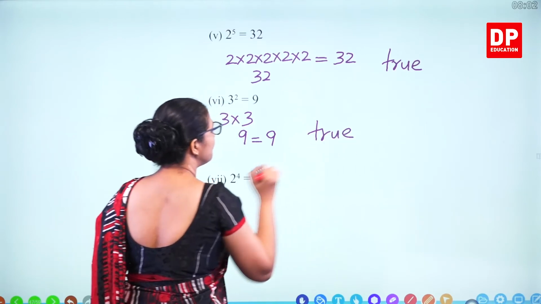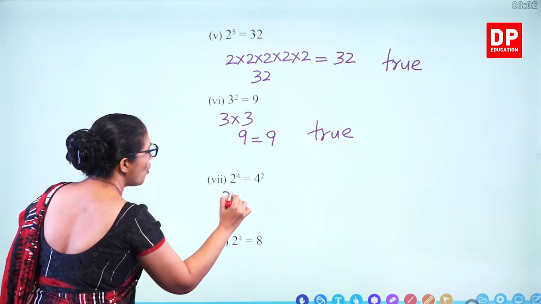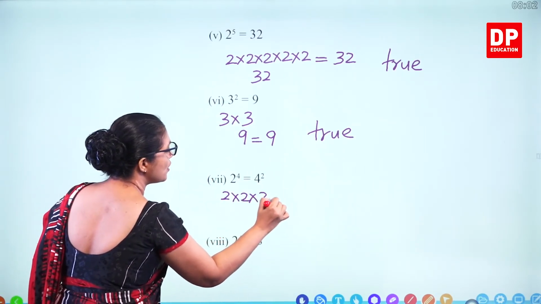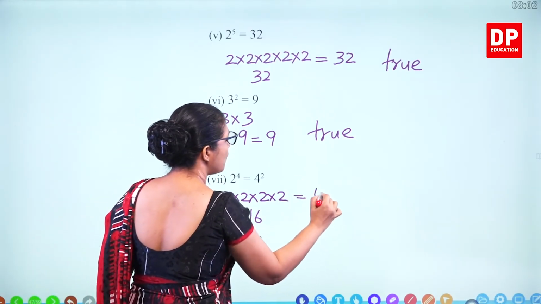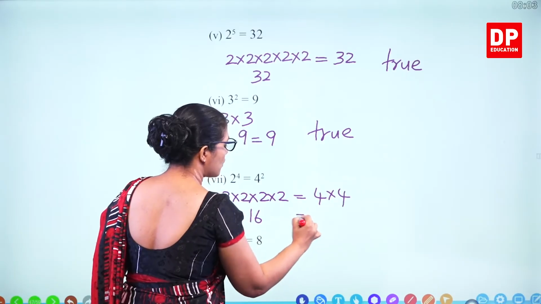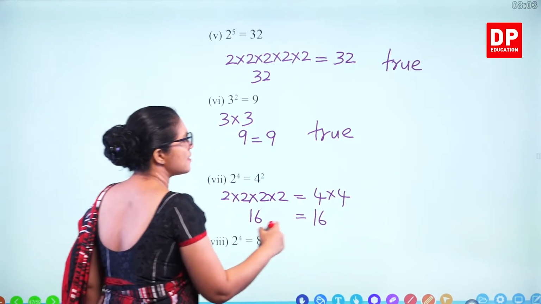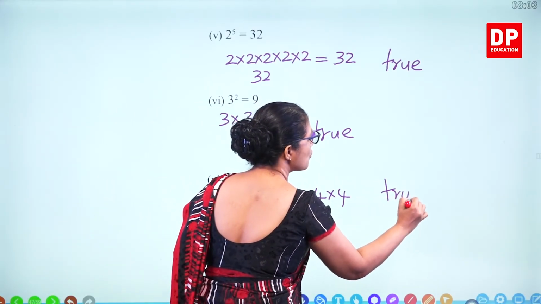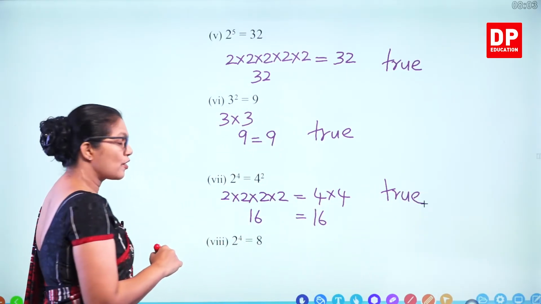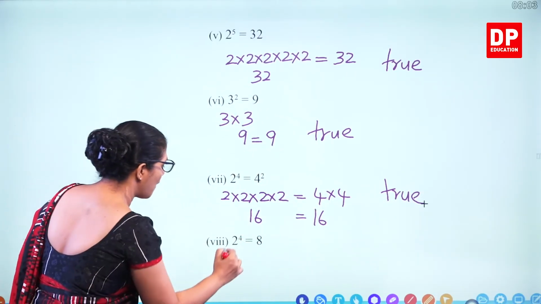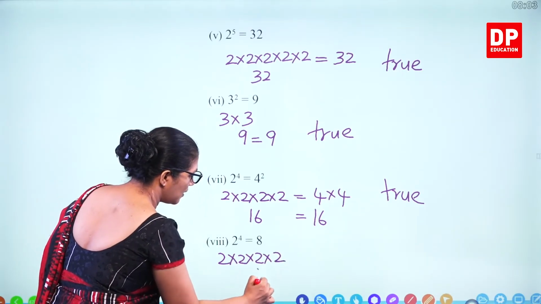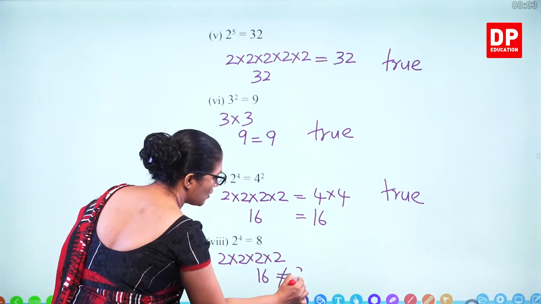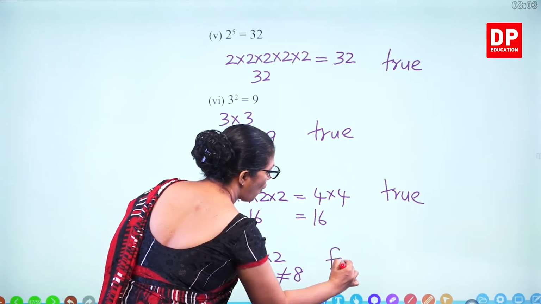That's true. 2 to the power of 4, 2 into 2 into 2 into 2. That's 16. 4 squared, 4 into 4. That's also 16. So 16 is equal to 16. That's true. 2 to the power of 4, we found that's 16, not 8. 16 is not equal to 8, so that's false.